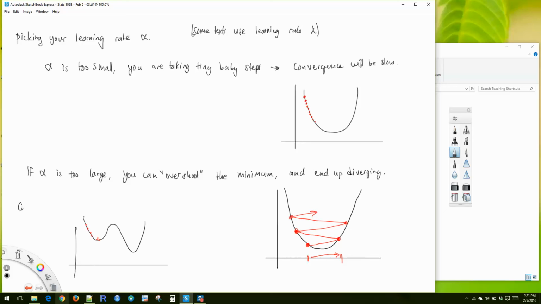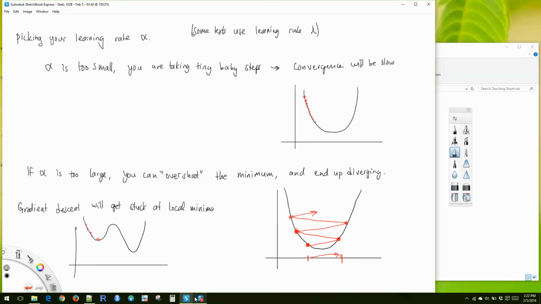Okay, and then gradient descent will get stuck at local minima. No, I mean just the base algorithm of gradient descent, you're going to get stuck at local minima.